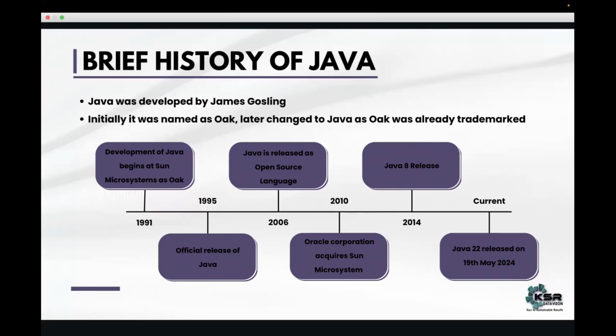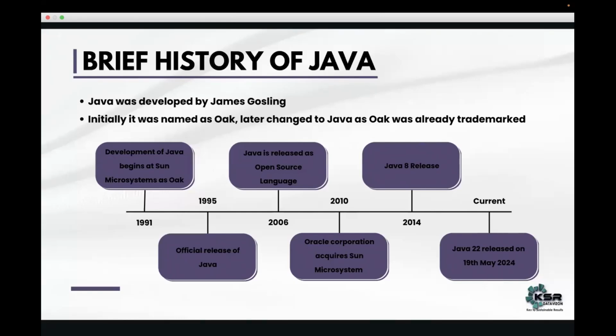In the current market, 2014 to 2024, ten years, we are at Java 22. It was released on 19th May. I think this September or October, we'll get another release also. Oracle has been releasing two versions every year.